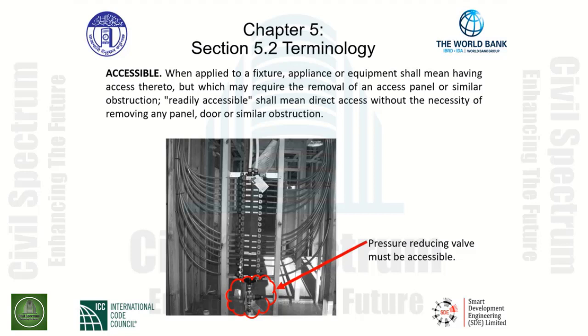In order to be accessible for maintenance and adjustment and replacement of this pressure reducing valve, there needs to be a removable cover placed on this location to provide access to this pressure reducing valve. So upon the finish construction, the inspector would verify that this pressure reducing valve can be accessible by means of a cover that is easily removed to access that particular valve.